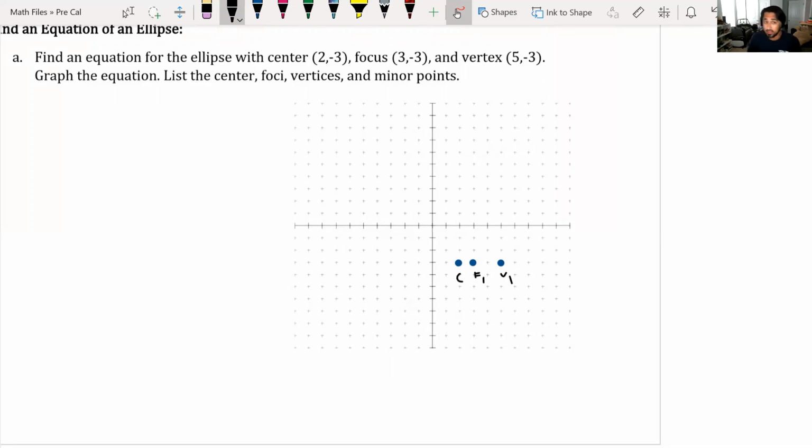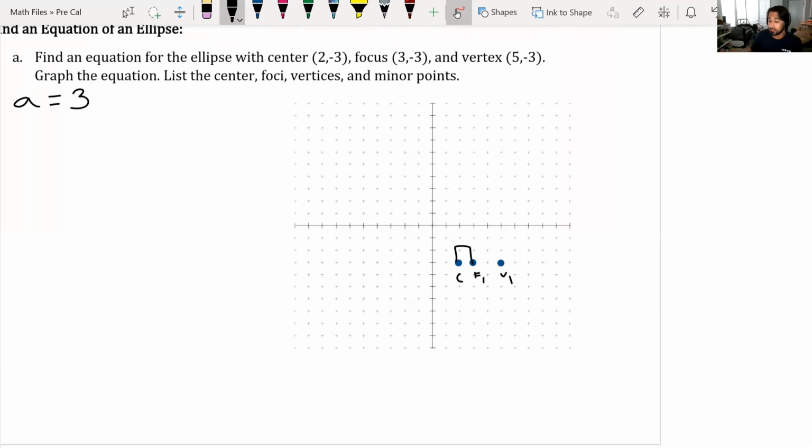Okay. Well, one thing that's given is we know the value of A. Remember that from center to vertex, that distance is represented by A. So that is 3 units away. So A is 3. And then another thing given is the value of C, right?